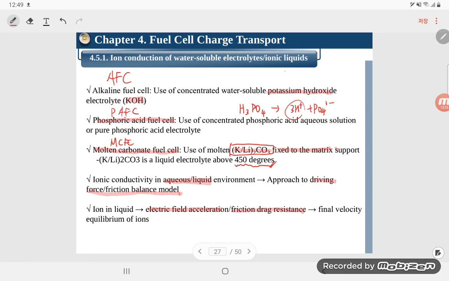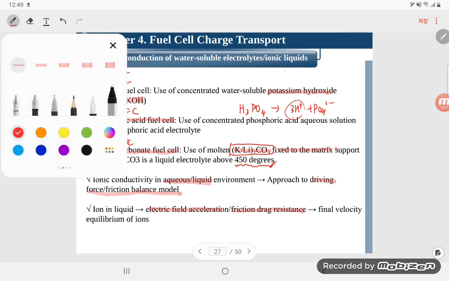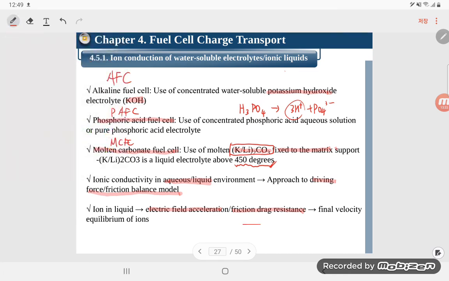The final velocity is determined by the equilibrium of these two forces. So when you think about it, if there is a raindrop, it goes down, further down, due to gravity.